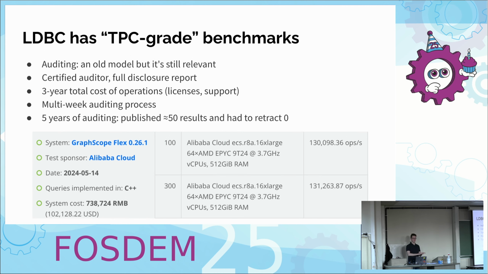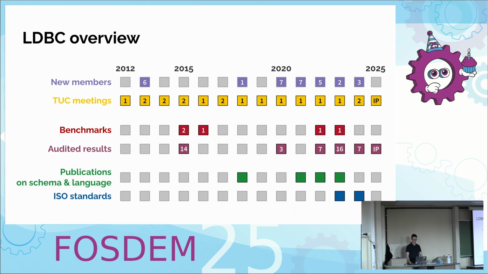And we have been doing audits for 5 years, published 50 results, and never had to retract any of the results. The most issues I could find was a few typos in old full disclosure reports. And as you can see, we have grown quite well in the last 5 years. So we have more and more members, lots of user community meetings, benchmarks, results, and so on.